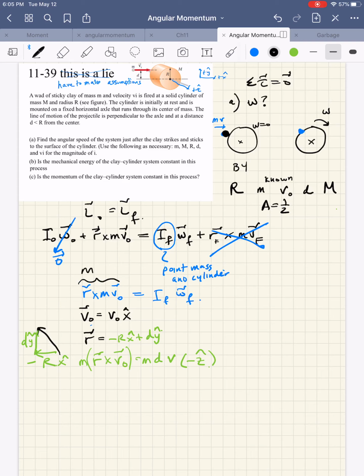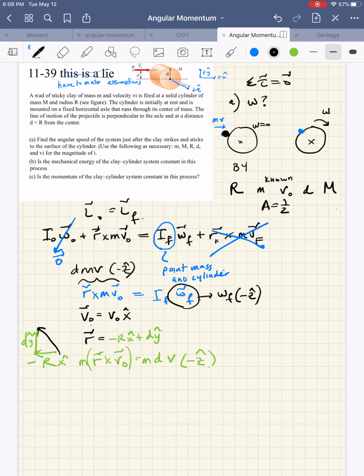It's just going to be, I guess I'll write it as d m v in the minus z hat direction. The final angular momentum, since it's moving this way, is a clockwise rotation, so it's into the board is the direction of the vector, which into the board here is the minus z hat direction also. So for the final angular momentum, this is going to be omega final in the minus z hat direction.